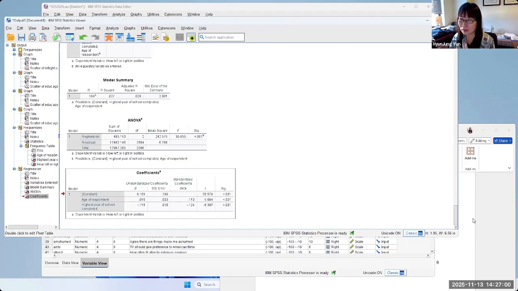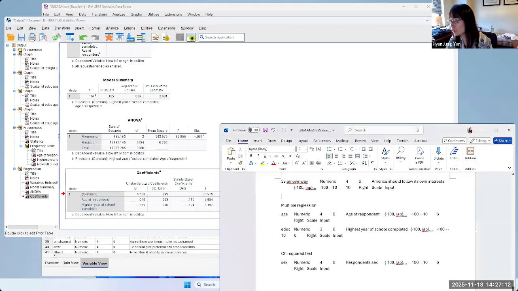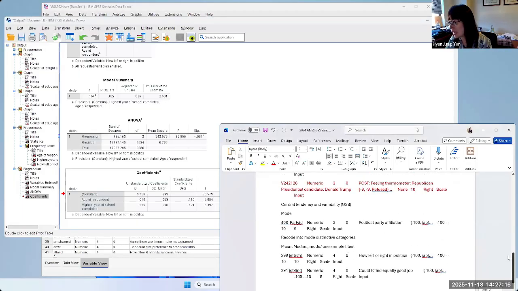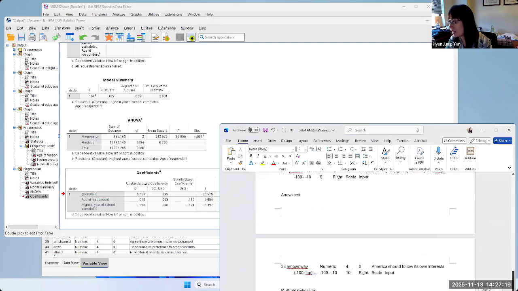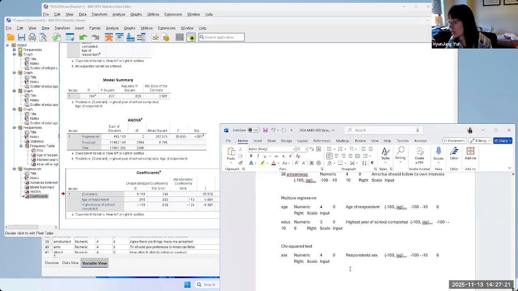It's a less robust test, but at least it detects whether there are associations between two different categorical, nominal variables or not. Okay, so for that, let's use party ID instead of ideology. And as the example, what about gender?